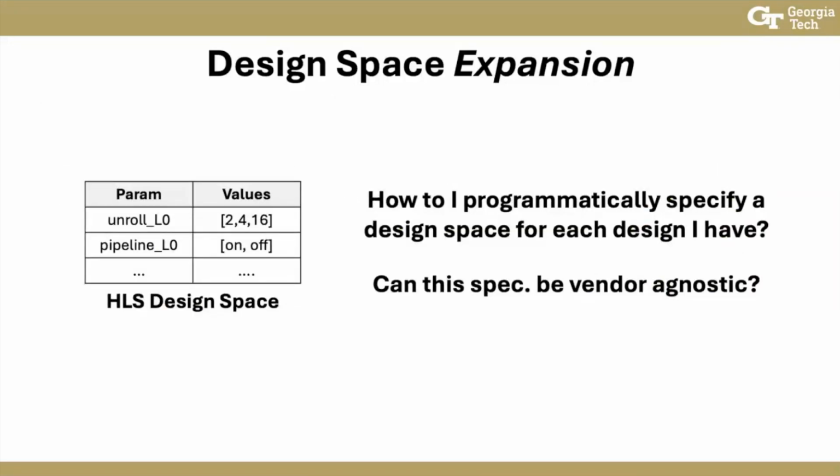So that's cool. That's pretty simple to automate, it seems. But the issue is, how do I programmatically specify what the design space is for a given design? I have it in the slides, I show you a table that I made in PowerPoint, but how is the user supposed to describe that so that the tool can automatically go on it and parameterize that? And can we make that vendor agnostic, right?